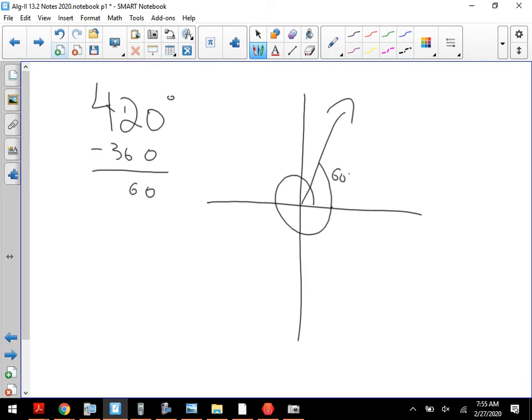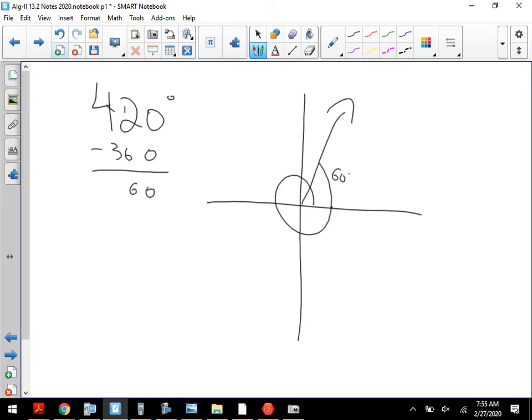When I have a positive and a negative coterminal, if my given angle is beyond however many revolutions of degrees or pi, I need to bring it back into 1 revolution to get its first positive or its first negative coterminal. This means that 60 degrees is its positive coterminal angle.